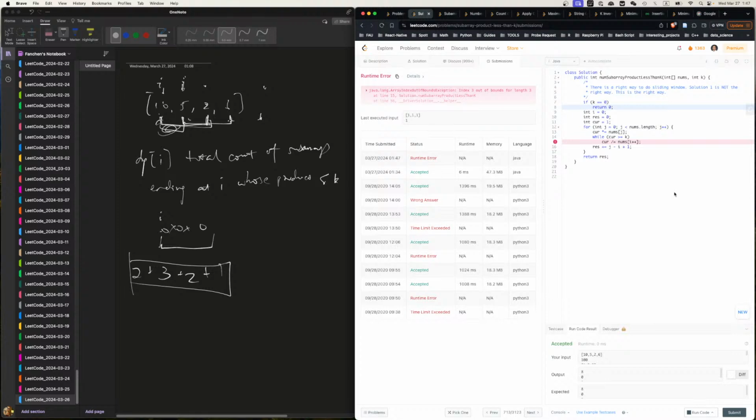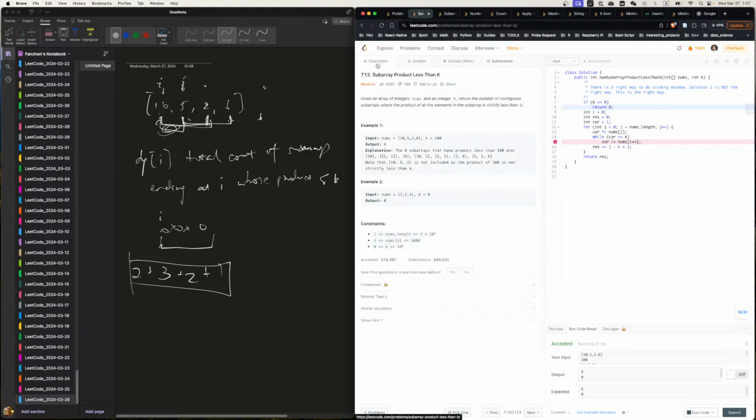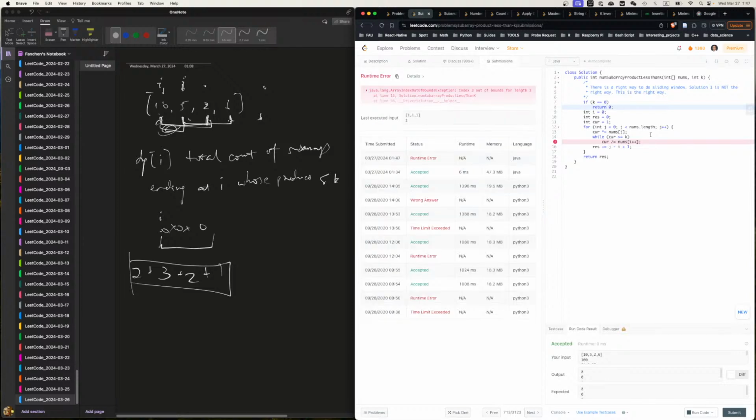It's larger or equal to, so this needs to divide by the current value, then plus plus, so it cannot go beyond j.